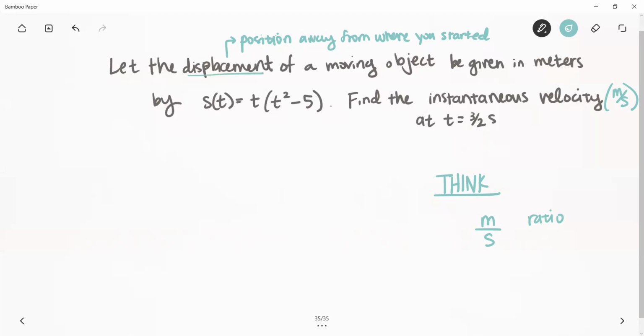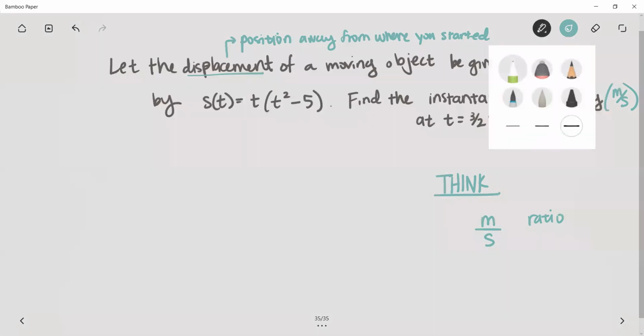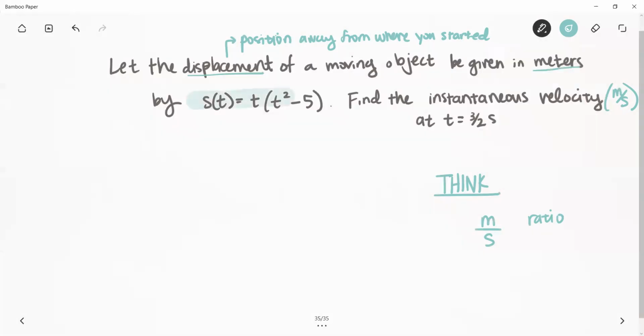The displacement was meters, and it was this formula. So it has something to do with this formula. And we have seconds, which is the time, underneath.